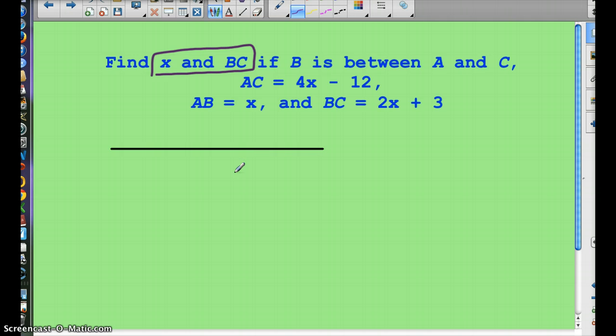Make sure you know that you have to find X and BC. So find X and BC. If B is between A and C, AC equals 4X minus 12, AB equals X, and BC equals 2X plus 3. So go ahead and set this problem up, draw your own picture.